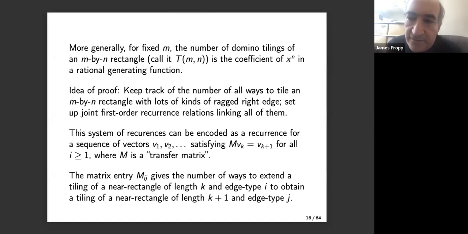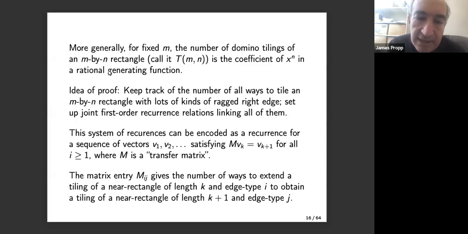So you're going to set up a bunch of supplementary counting problems and solve them all simultaneously with a system of recurrences. This system of recurrences can be encoded as a recurrence for a sequence of vectors where each vector is obtained from the one before by multiplying it by a matrix M, where M is called a transfer matrix.